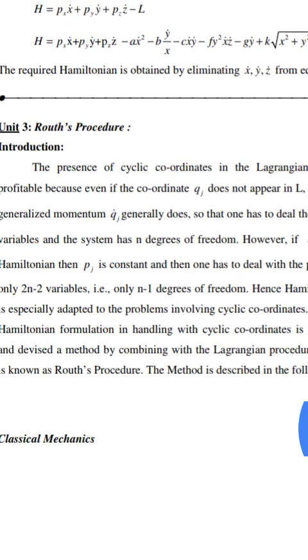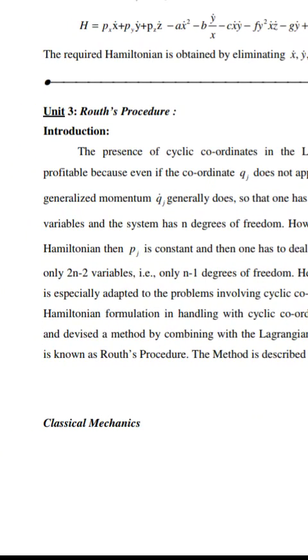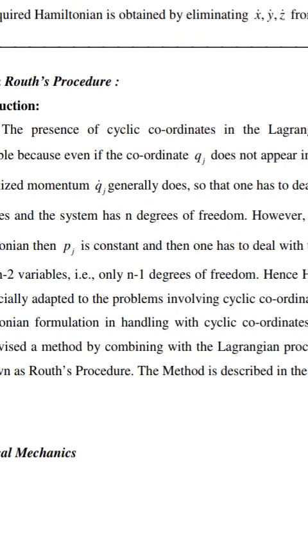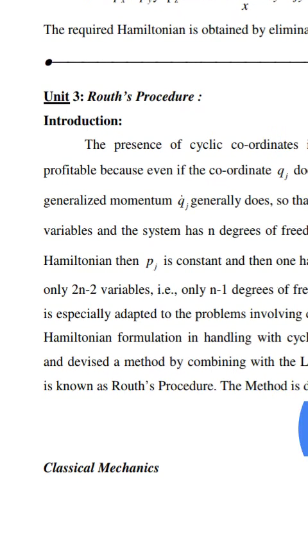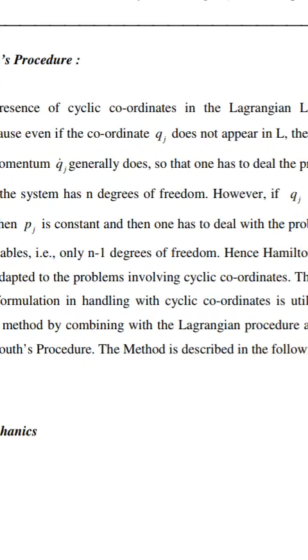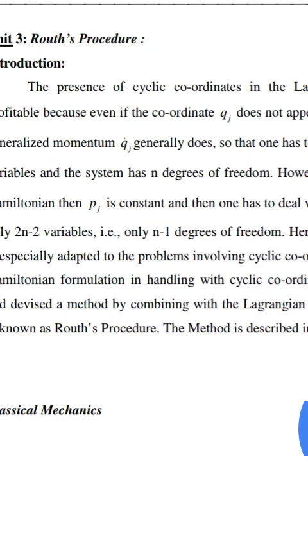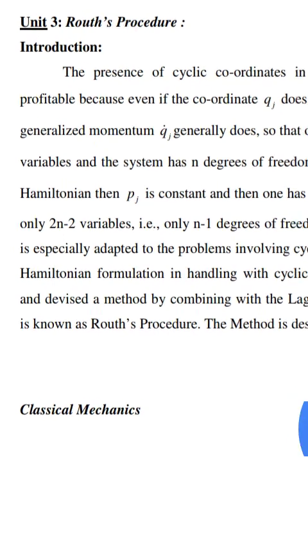The presence of a cyclic coordinate in the Lagrangian is not much advantageous, because even if the coordinate qj does not appear in L, the corresponding generalized velocity qj dot generally does, so that one has to deal with the problem with all variables and the system has n degrees of freedom.